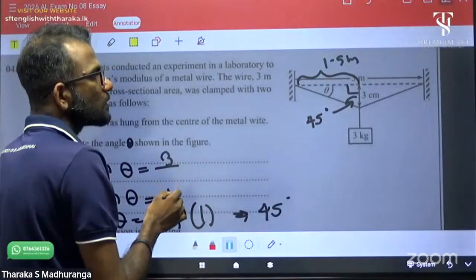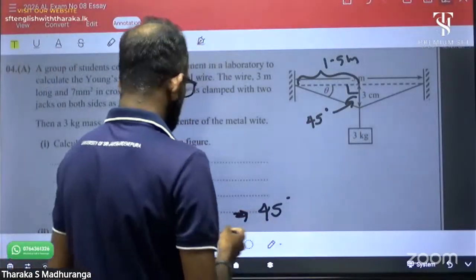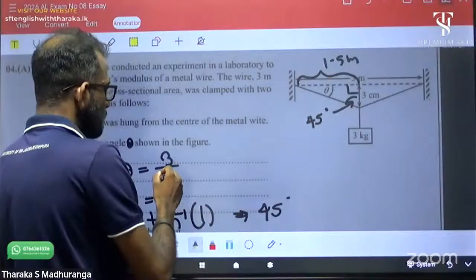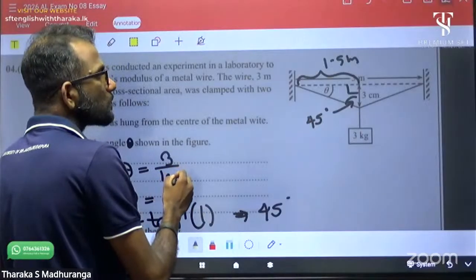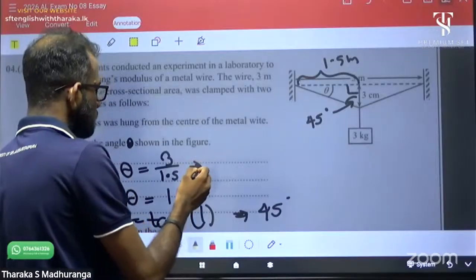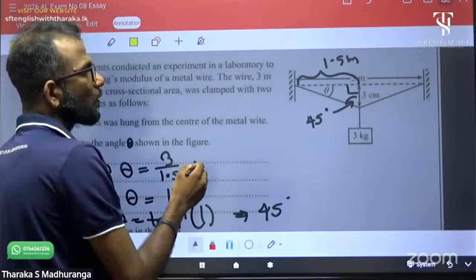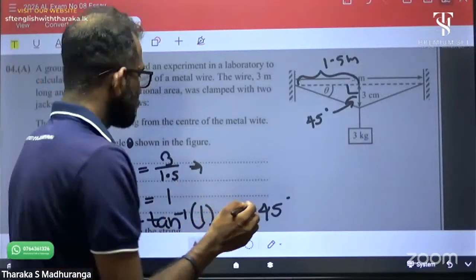Opposite 3 and 1.5, divide 1.5. Then it is 3 over 1.5.